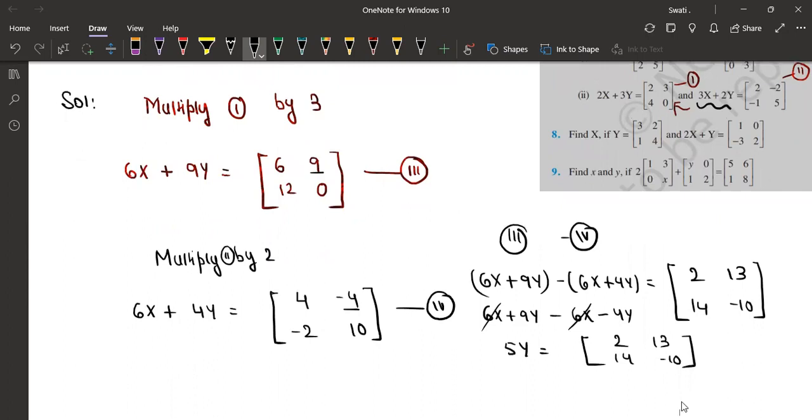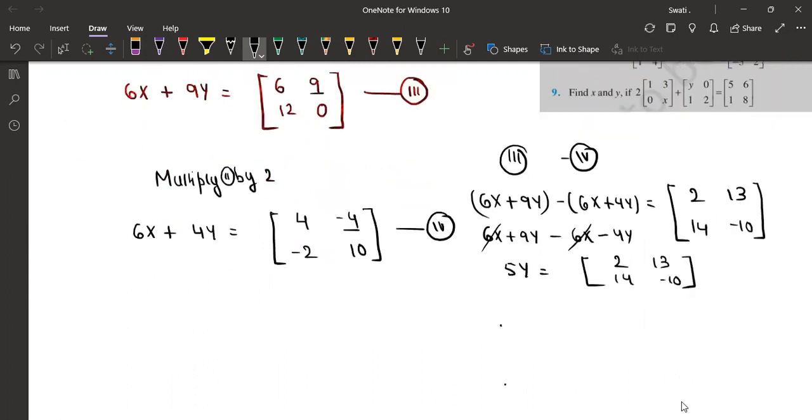We need to find out the value of y. So therefore, y is simply going to be 1 upon 5, right? So that 1 upon 5 will get multiplied with each of the entries. So 2 by 5, 13 by 5, 14 by 5, and minus 10 by 5, that is going to be minus 2. So this is the value of y we have got, okay?